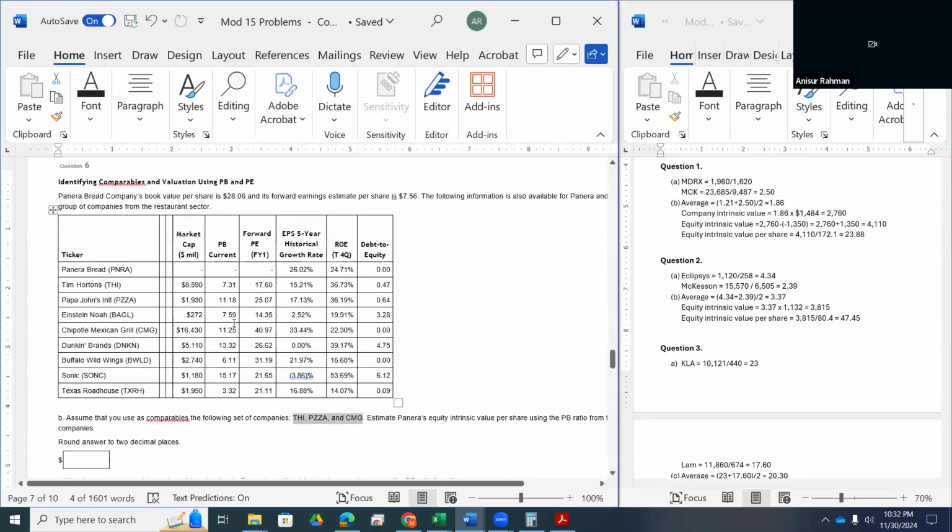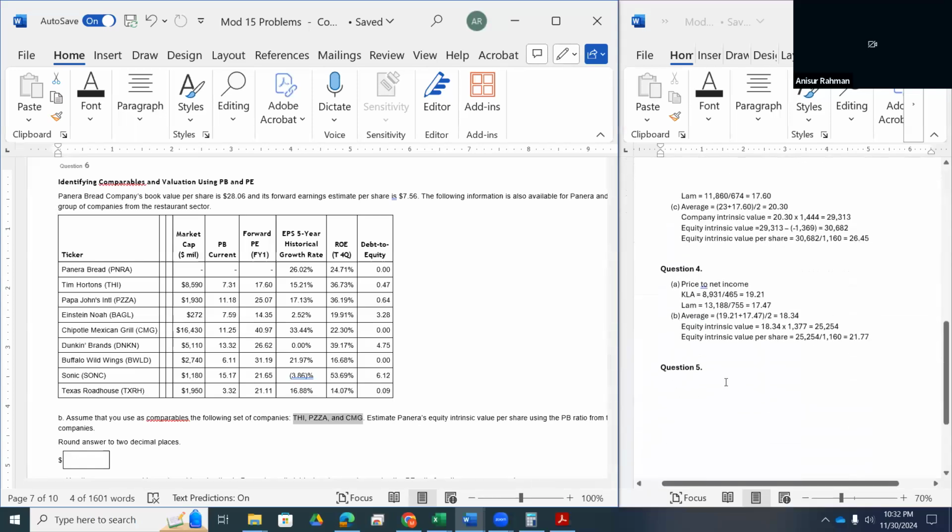Actually, it is given to us. All we need to do is calculate the average PB.